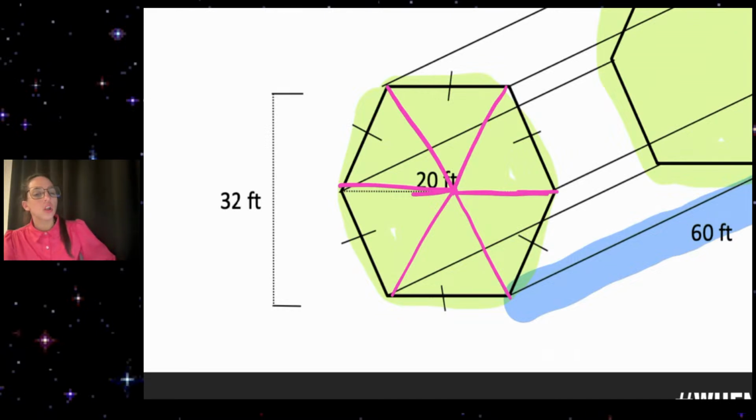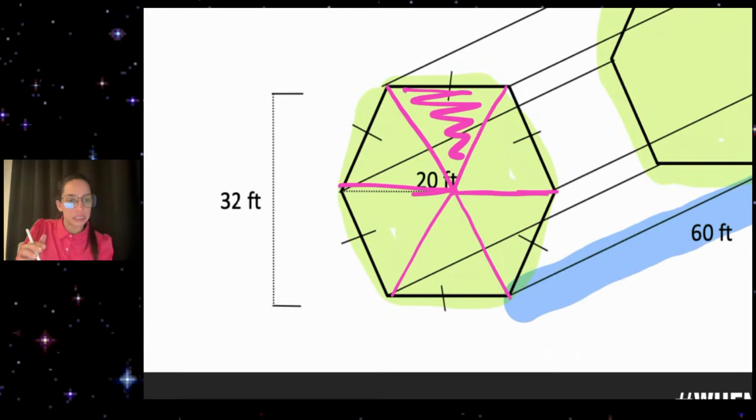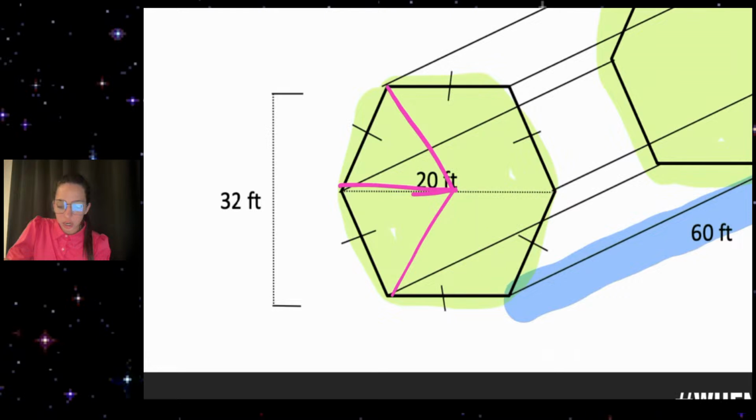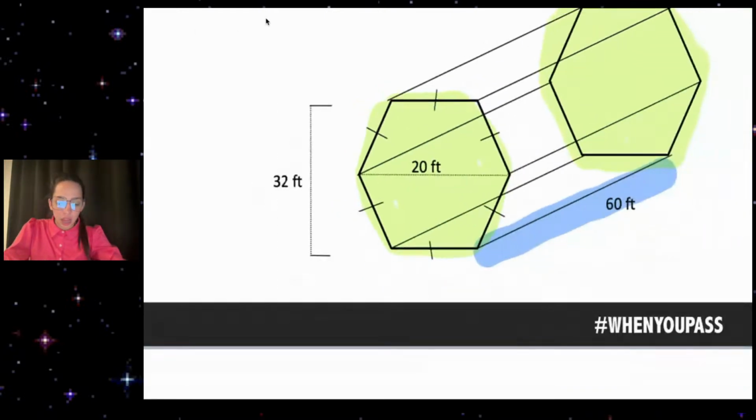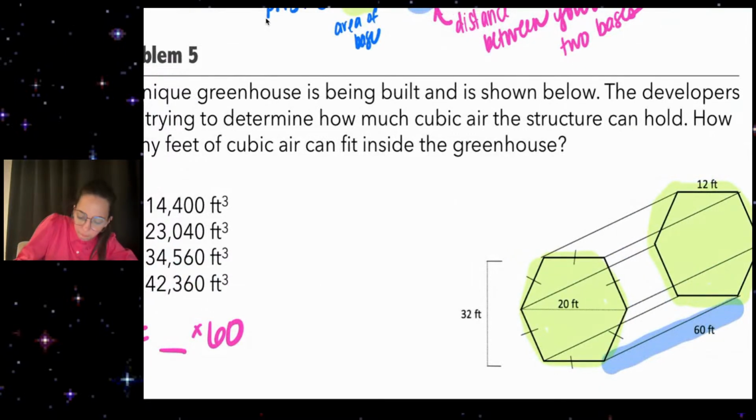So I could find the area of one of those triangles and then multiply it times 6. Whichever way you want to do it, you're going to get the same answer, but I'm going to do trapezoids.